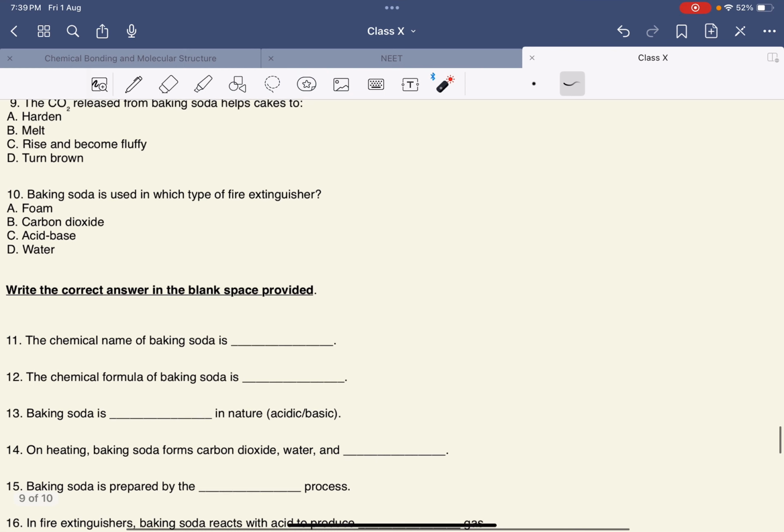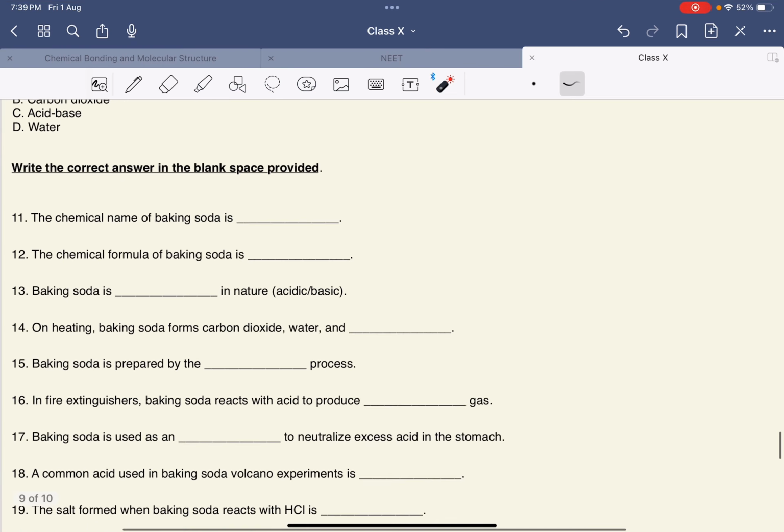Question number 10. Baking soda is used in which type of fire extinguisher? Foam, carbon dioxide, acid-base and water. Then fill in the blanks.